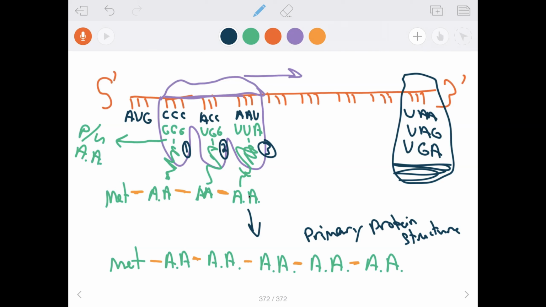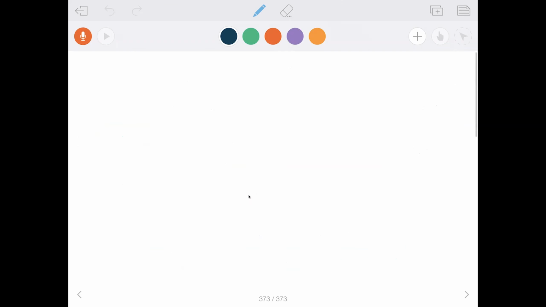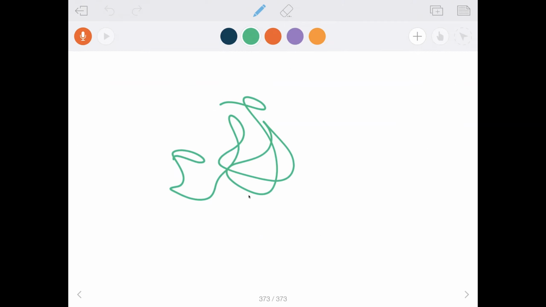So, yes, this is the primary structure, but the final structure of the protein will have a distinct shape. So it could just be, it looks like that. It folded into the correct shape, and then it works.